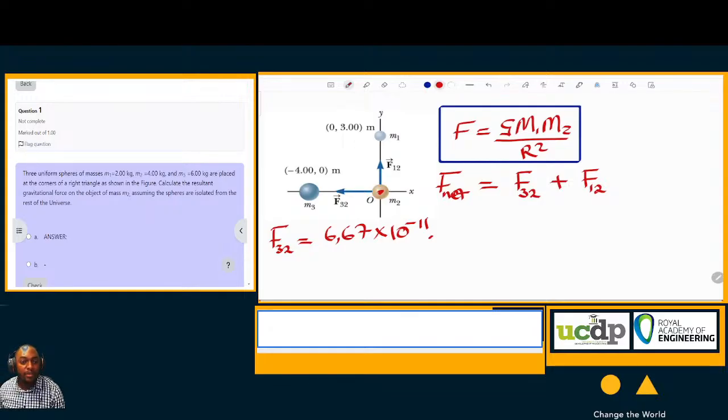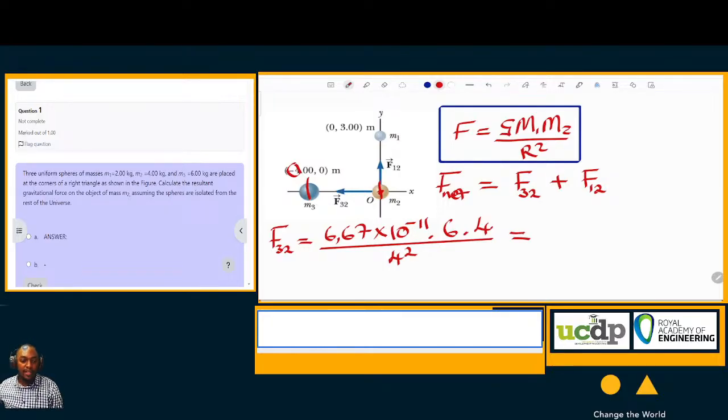What's the value for M3? 6 kilograms, times 6 kilograms, multiplied by M2, which is 4 kilograms. And what is the distance of separation there? From there to this point, we can see that it is 4 meters, all squared, because we have to square the distance of separation.